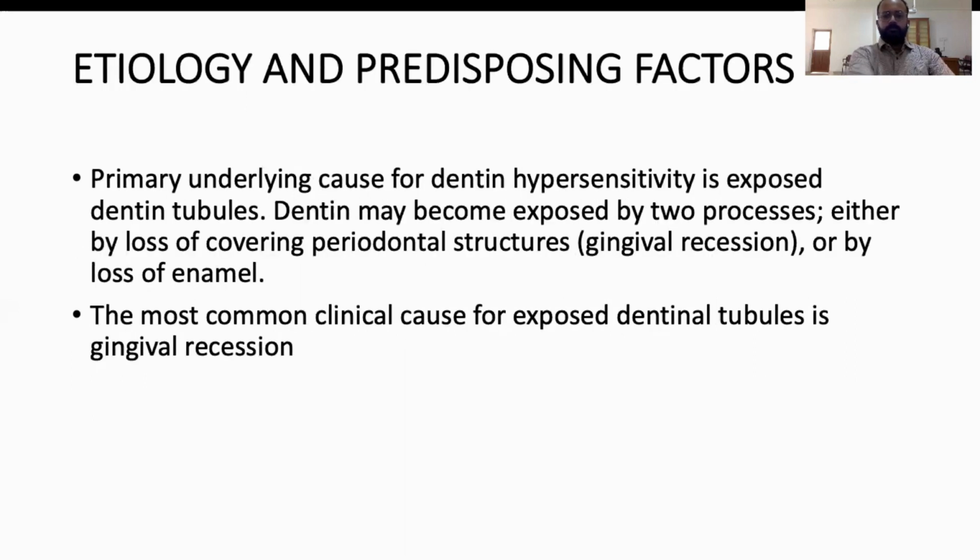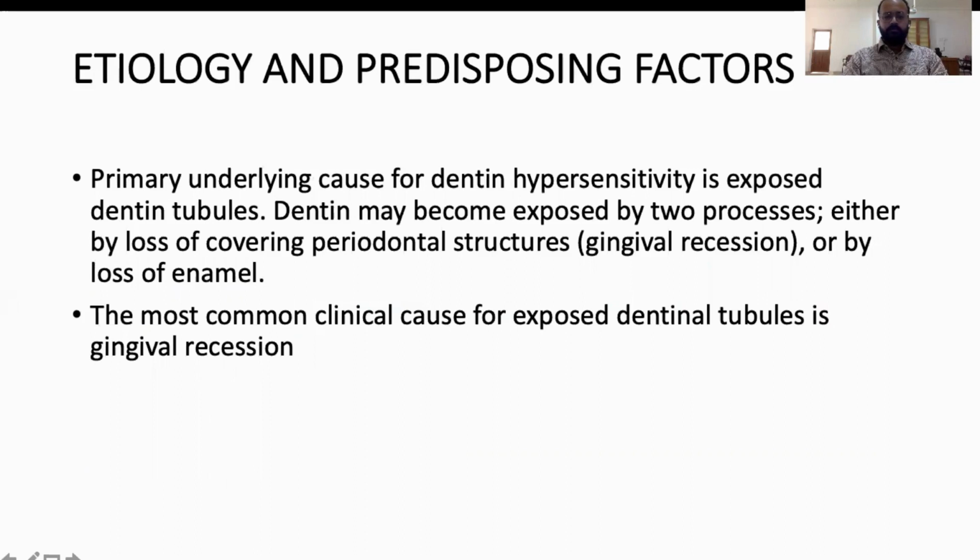Now, coming to the etiology and predisposing factors. The primary underlying cause of dentin hypersensitivity is the exposed dentin tubule. Dentin may be exposed in two ways: either by loss of covering periodontal structures, that is by gingival recession, or by the loss of enamel.